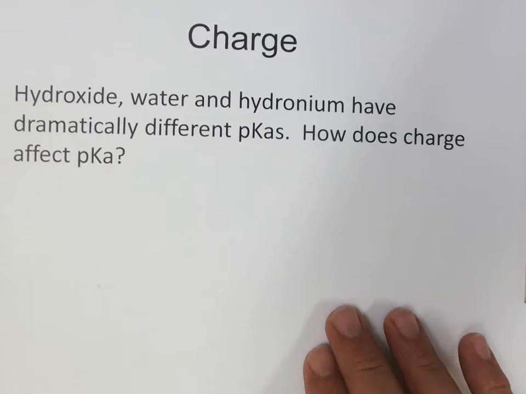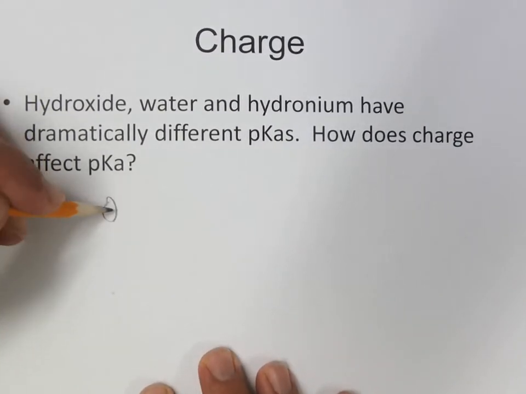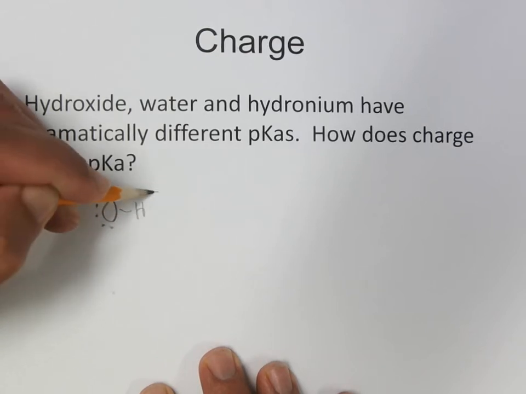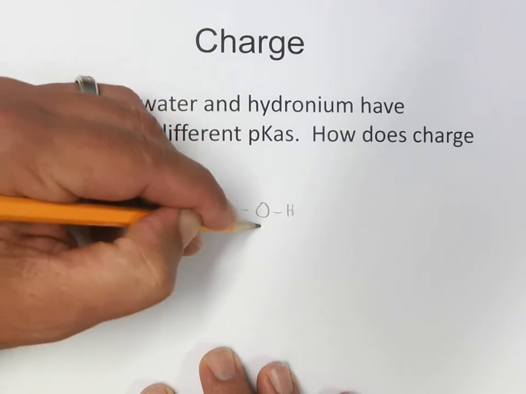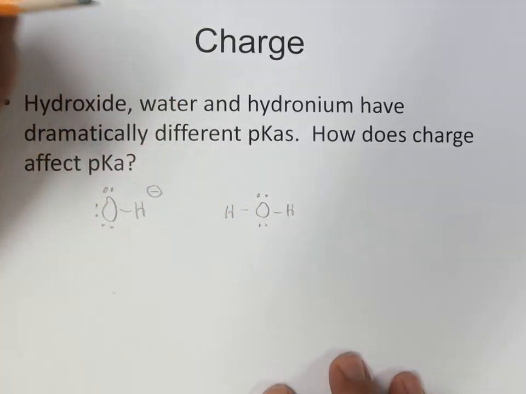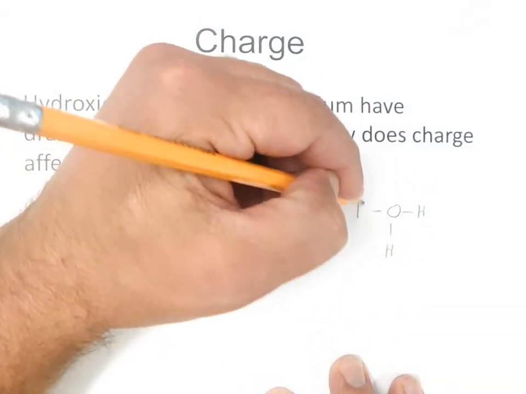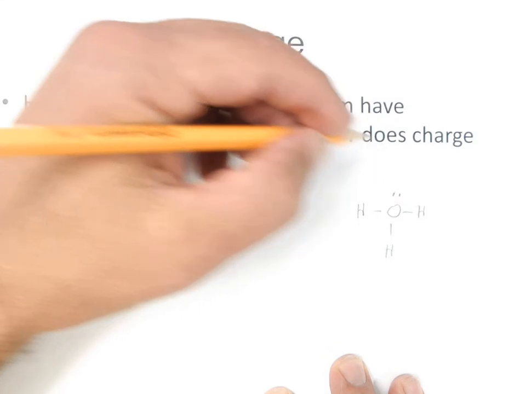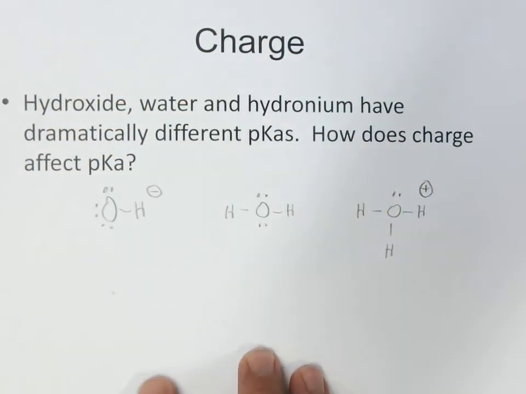The other one that I wanted to talk about briefly, because it's again a fairly short discussion in some sense, is hydroxide, OH minus, right, water, H2O, and hydronium, H3O plus, have dramatically different acidities, right?